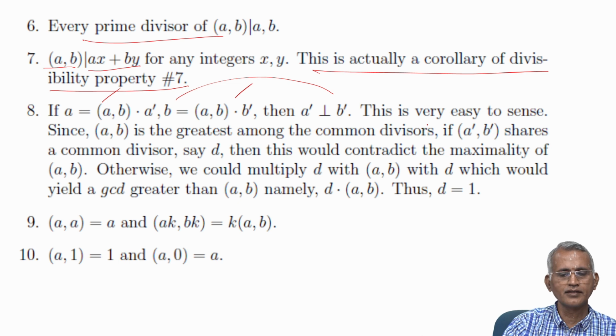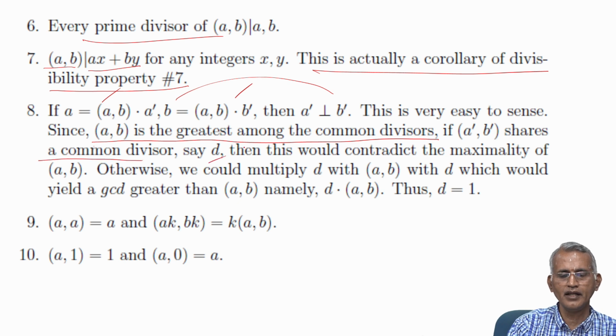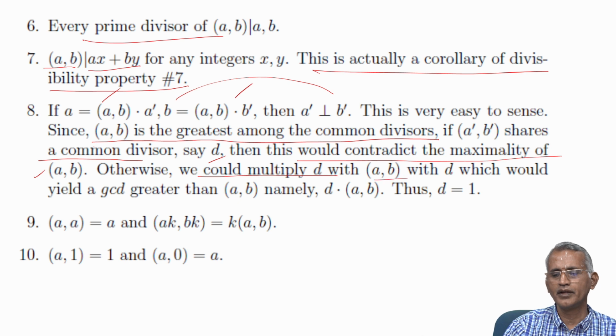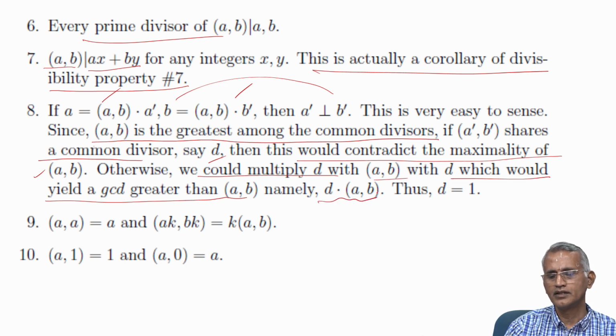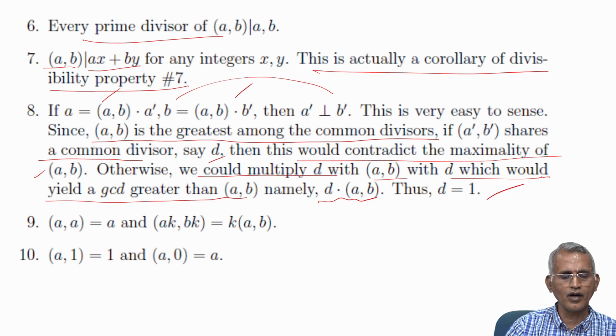This is very easy to sense, since the GCD of A comma B is the greatest among the common divisors, if A dash comma B dash shares a common divisor, say D, then this would contradict the maximality of the GCD. Otherwise, we could multiply D with the GCD of A comma B and it would yield a GCD greater than the GCD of A comma B, namely D into the GCD of A comma B. Thus D is equal to 1.